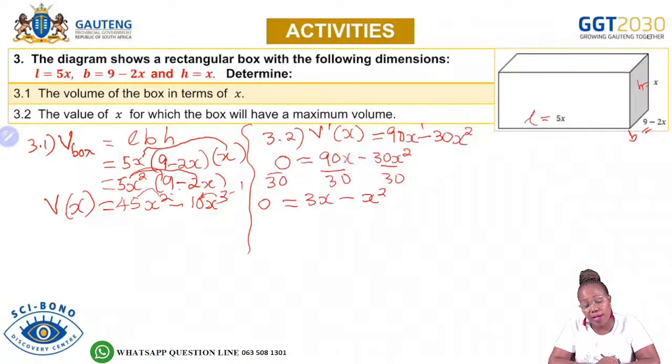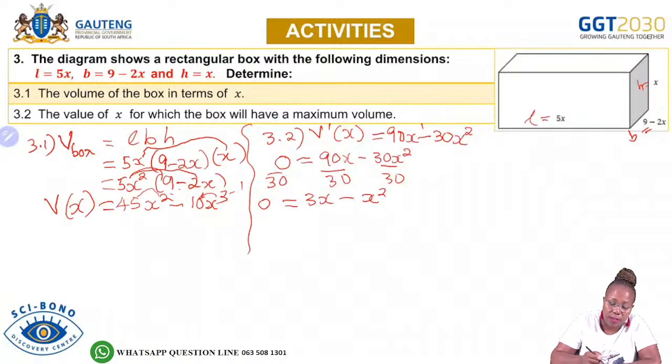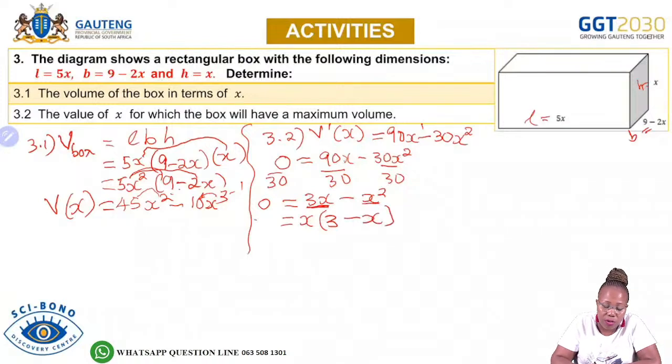From here, grade 12, can you see you have a common factor x? So we are going to take out that common x. When you take out x being common, you'll be left with 3 from this one, 3x divided by x is 3, and then minus the x squared divided by x, it will be x, equals to 0.